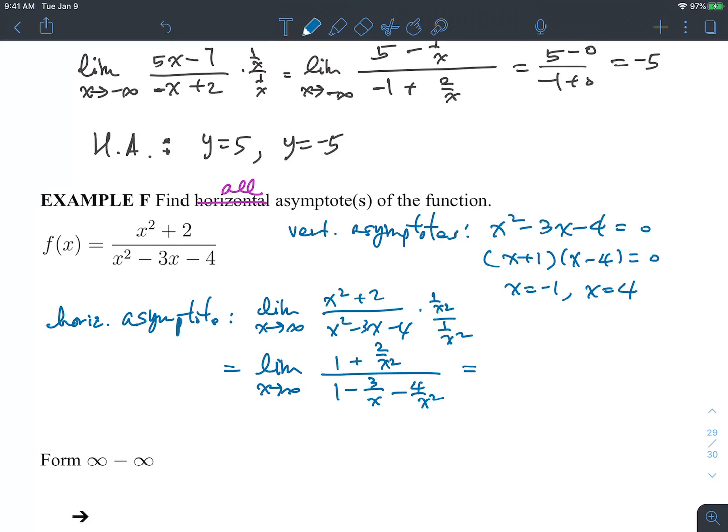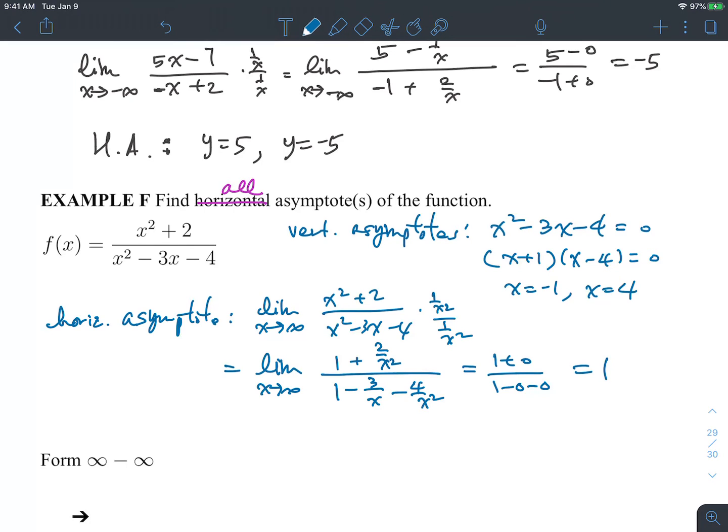Now, imagine for a second, guys, if it was negative infinity, that'll be 0, that'll be 0, that'll be 0. It literally made no difference whatsoever. Just keep that in mind, okay? So that is equal to 1 plus 0 divided by 1 minus 0, which is 1.